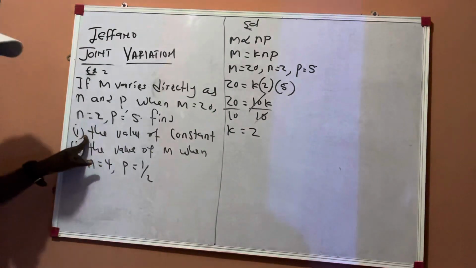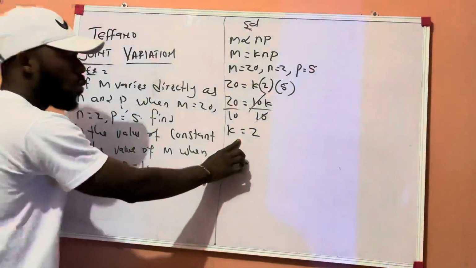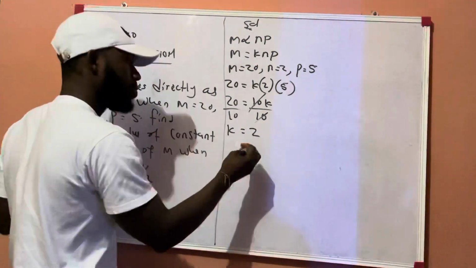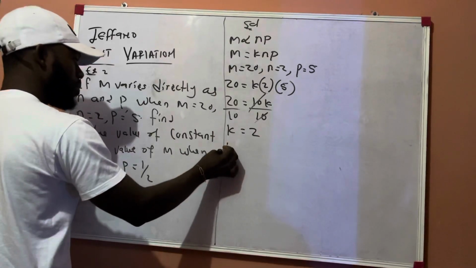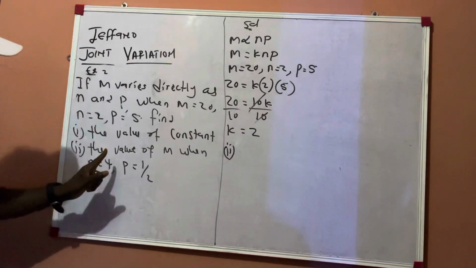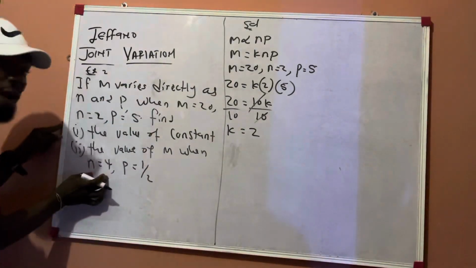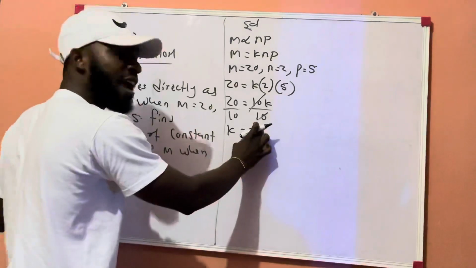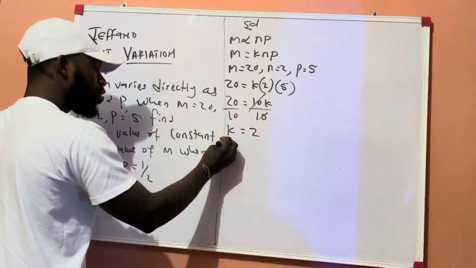Now, remember Roman figure 1. Roman figure 1 said, what is the value of the constant? Now, class, what is the value of my constant? 2. Now, Roman figure 2 says we should, okay, now, before we can find Roman figure 2, what did I say you do next after you get your constant? You find your relationship. Now, looking for our relationship now.